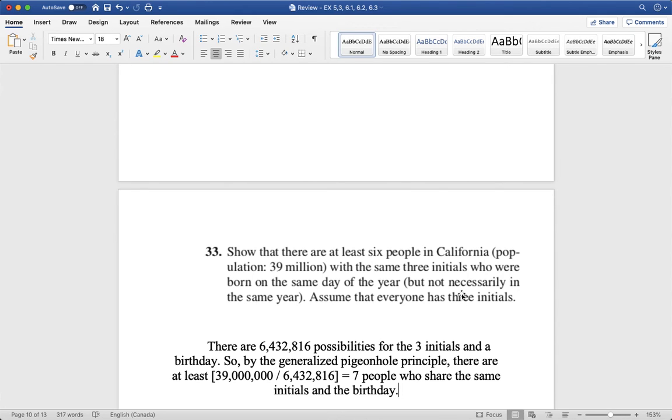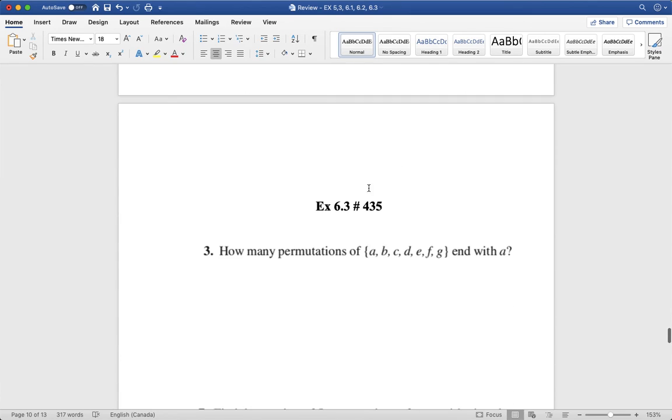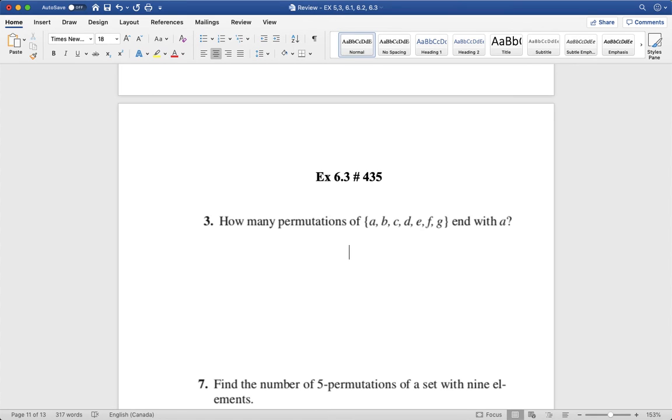Okay, all right, let's move on to the next exercise, which is exercise 6.3 in chapter 6, page 435 of your textbook. It's about permutations. So how many permutations of the set A, B, C, D, E, F, G end with A, right?